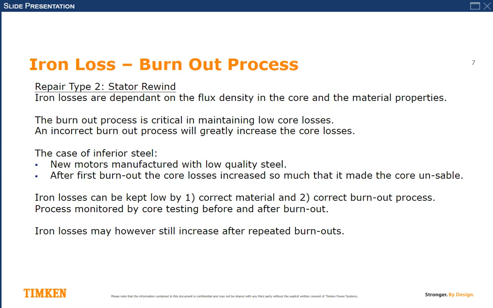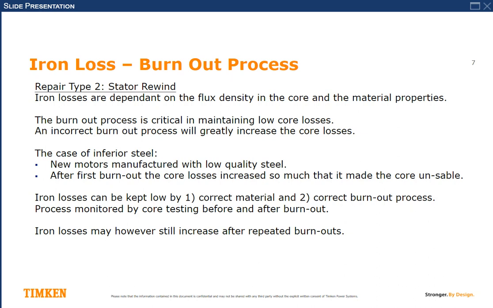Now, looking at the iron losses, we know that these iron losses can be kept low during the rewind process, while you have the correct material, and that we do the burnout process correctly. There have been lots of studies done by EASA on how to maintain the core during the burnout process in order to maintain the efficiency of the machine.